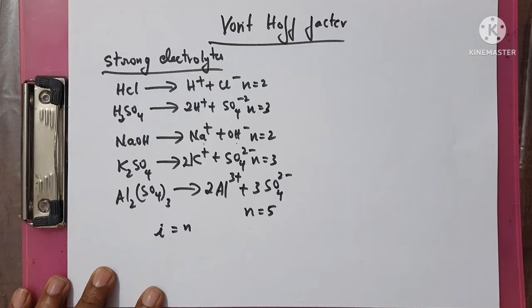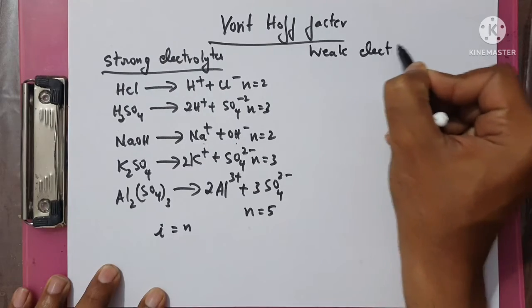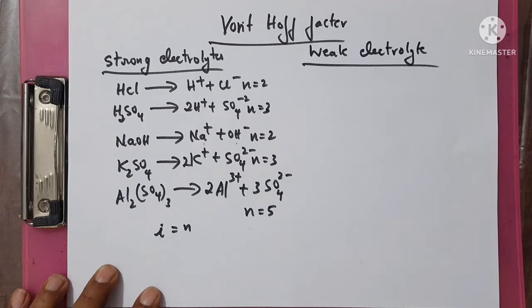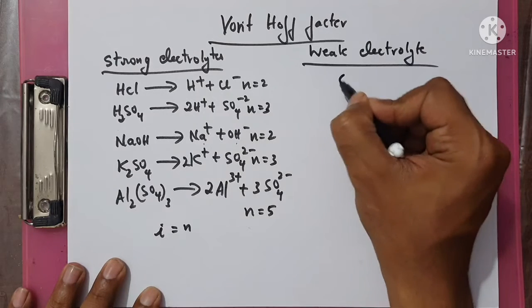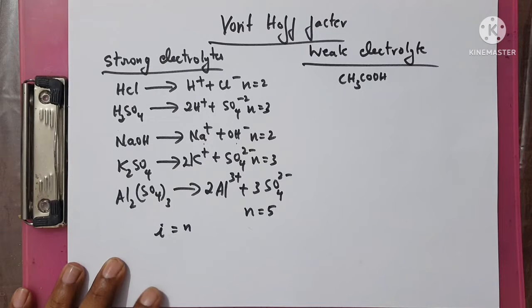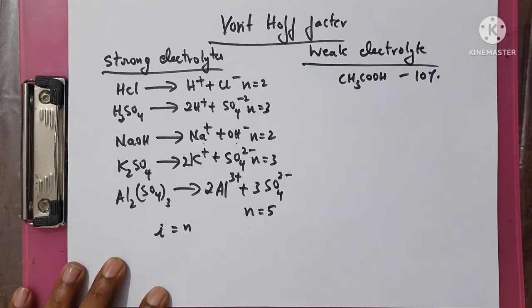Let me take an example of a weak electrolyte. In case of a weak electrolyte, let me consider an example of acetic acid. This acetic acid is ionized. Let us consider it as ionized for 10%.